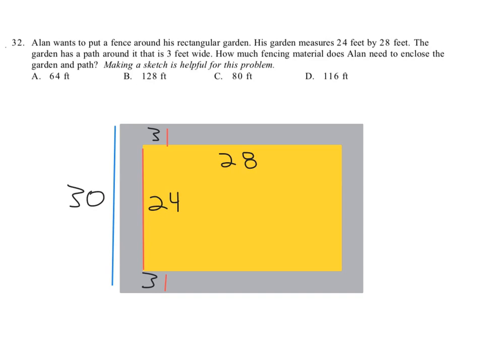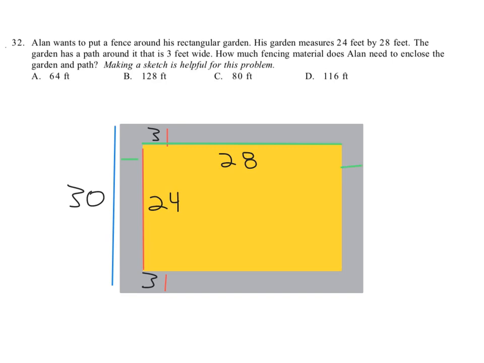Now, in this direction, this is 28, the green direction. Since the path is 3 feet everywhere, it's going to be 3 feet there, 3 feet there, additional on top of the 28.